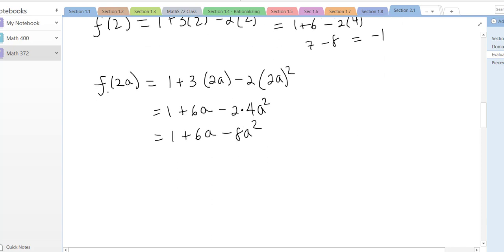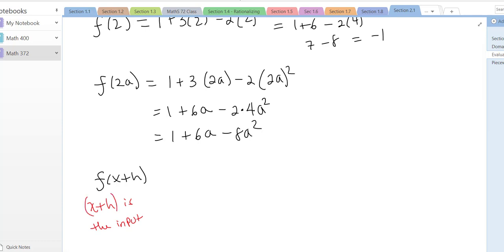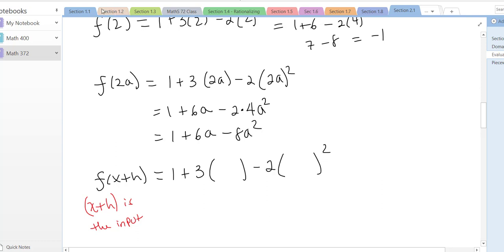And now the f of x plus h. So f of x plus h. So now this is our input, right? x plus h is the input, that whole quantity. So this is where I think saying it in words is helpful. So what do we do? 1 plus 3 times the input minus 2 times the input square.